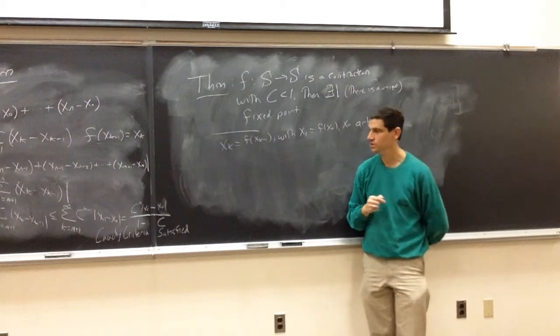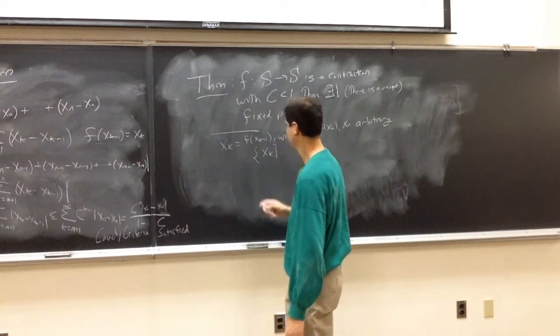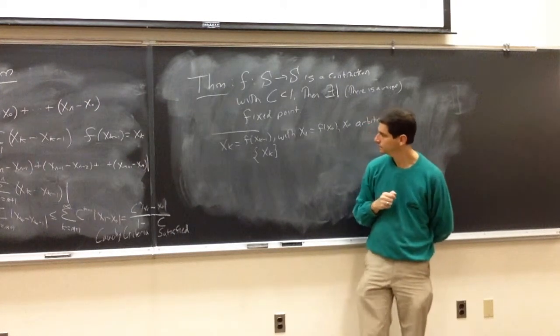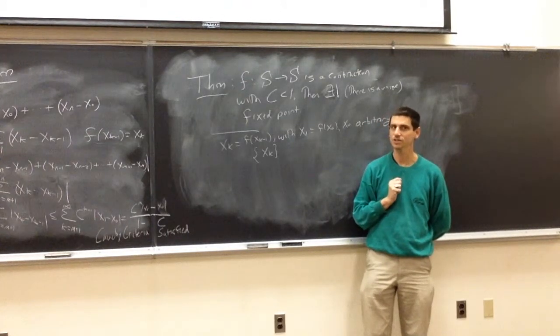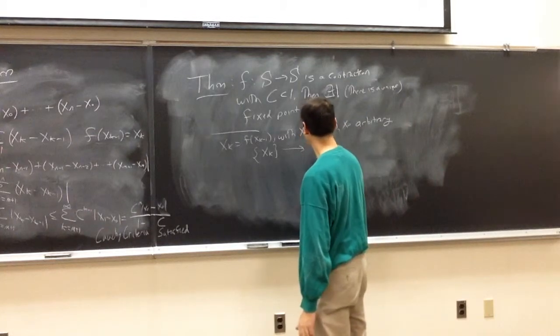What do we know about the sequence now, x_k? What do we know about the sequence? It goes to 0. Or, not that it doesn't necessarily go to 0. It converges. This converges.